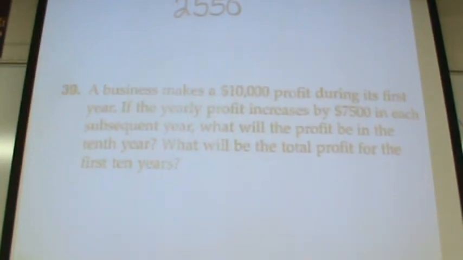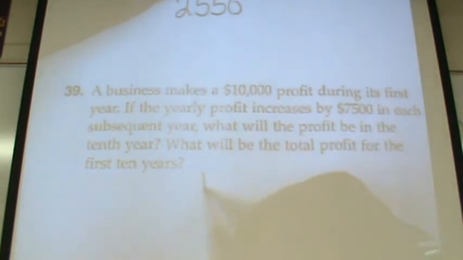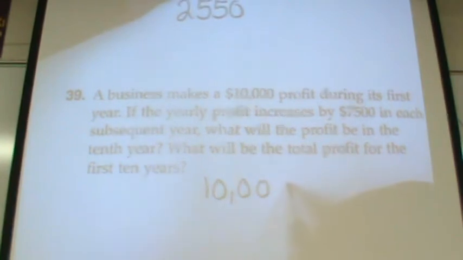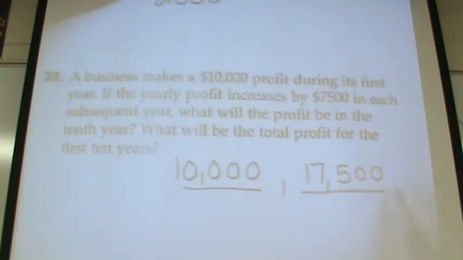So we need a formula, and then we want the total profit for the first 10 years. The initial amount is 10,000. If we add 7,500 to this, we get 17,500. That would be the second. And if you keep adding 7,500, that's going to give you the next year.